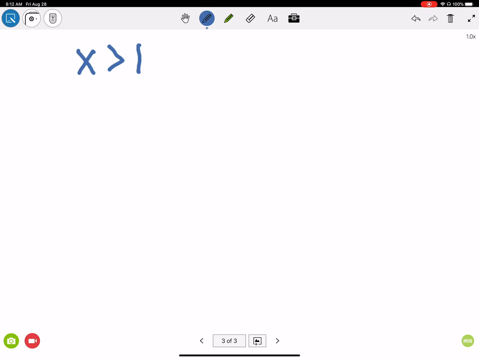If I want to show you all of the possible values of x, I can't just list them because that list would go on infinitely. Think about all the numbers greater than 1. There's an infinite amount of numbers, so there's an infinite amount of values that x can be.